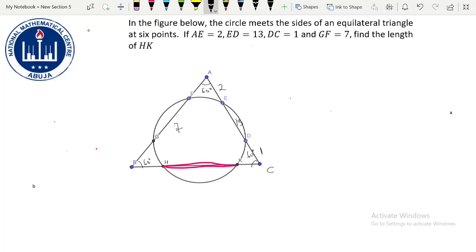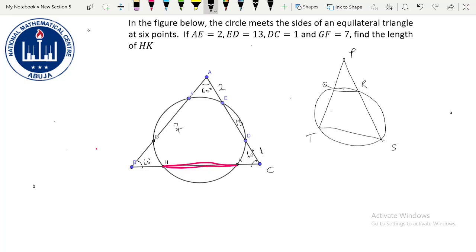This is not something we want to forget. To proceed here, I think we'll need the power of a point theorem. So I'm going to show how. Supposing you have points P, Q, R, S, T. Then you have PT and QT and RS, they meet at this point.